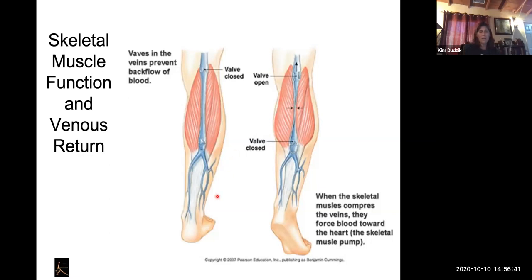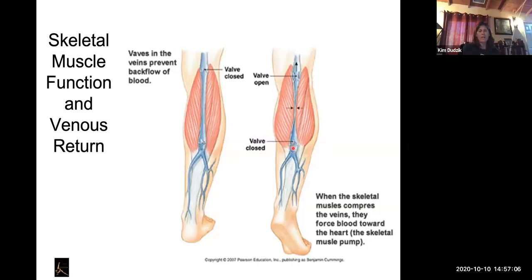So any blood that's down here in your foot, okay, it's got to go against gravity to get up to your heart. And we said that it doesn't receive much influence from the heart pump. Okay. But when you start moving around and you contract your skeletal muscles, that squeezes the vein and squishes the blood.